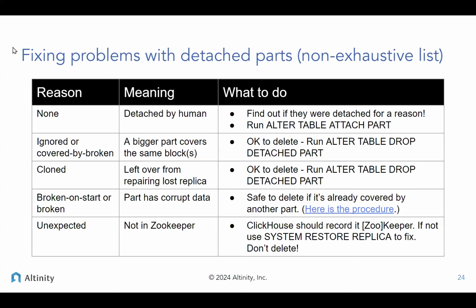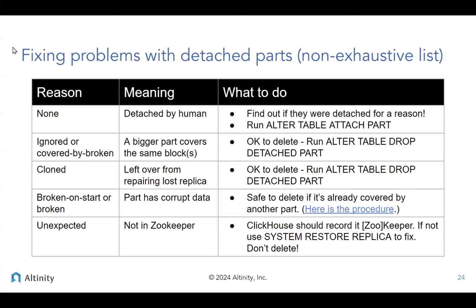But here are some of the big ones. If there's no reason, there's a pretty good chance that it was just detached by a human for some good reason. So the first thing you should do is find out, was it a good reason? And if the part wasn't supposed to be detached, just go ahead and attach it again. ALTER TABLE ATTACH PART. We'll just put it back. It's an almost instantaneous operation.